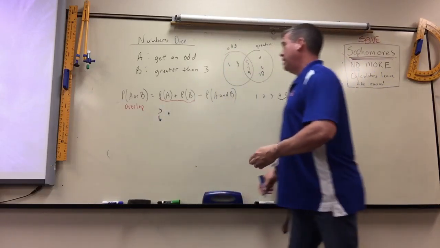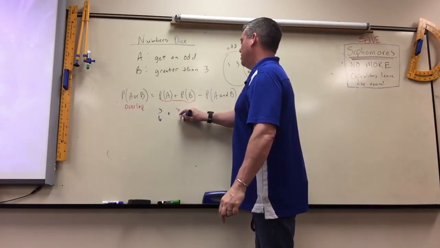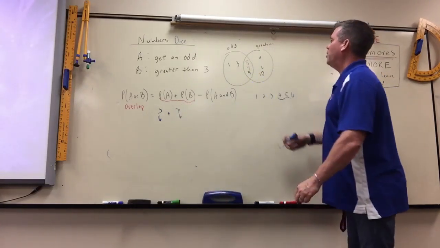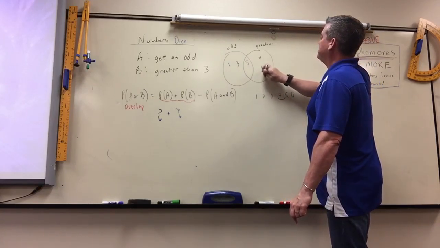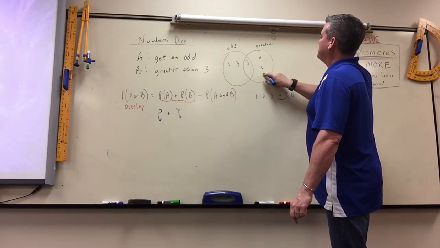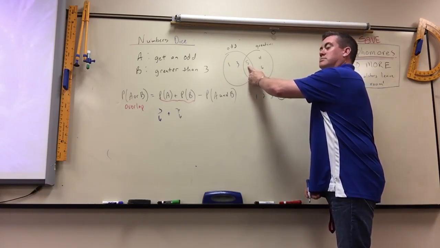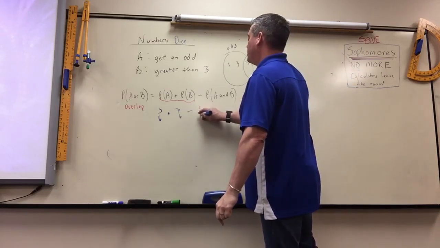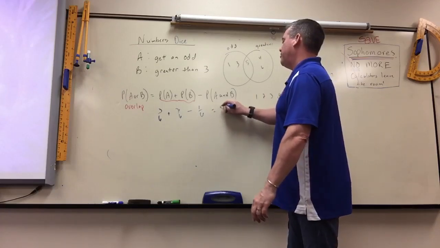The probability greater than 3, 3/6. And then what's the probability that they overlap? There's only one that overlaps, right? So you got to subtract 1/6. So 3/6 plus 3/6 minus 1/6 is 5/6.